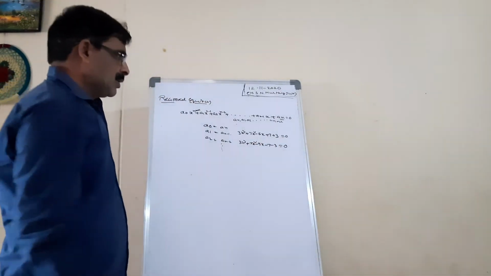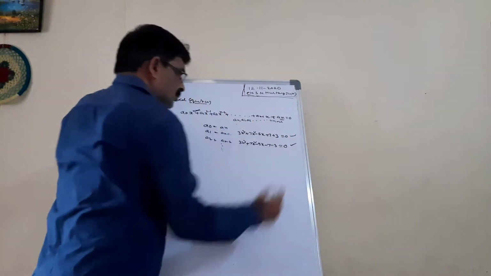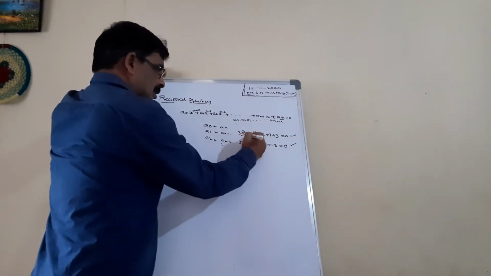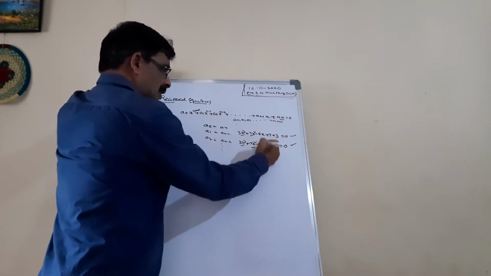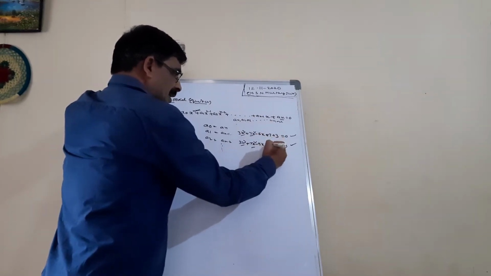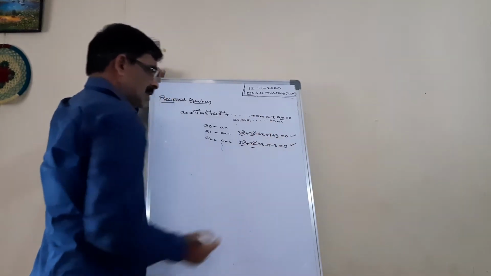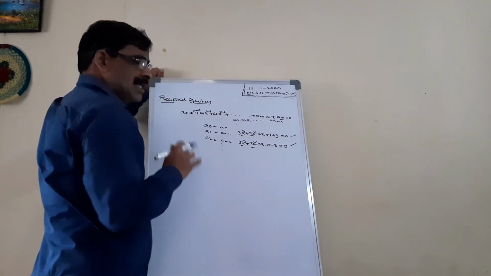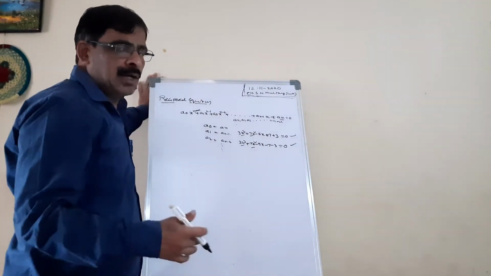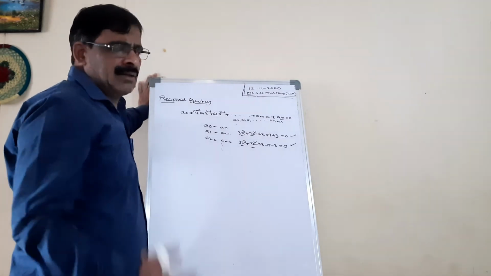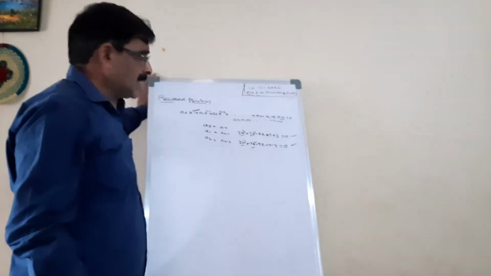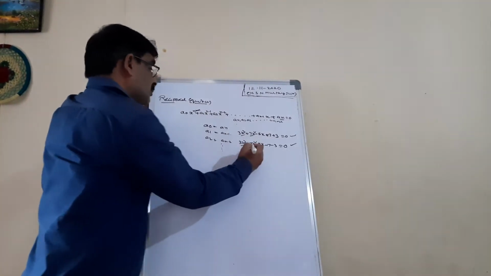Observe these two. Here 3x cube and 7x square; plus 7 is there, here minus 7 is there, plus 3 is there, minus 3 is there. This is another example of a polynomial equation. We can give so many examples.